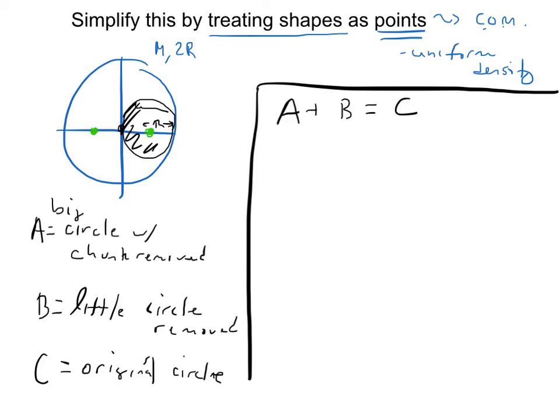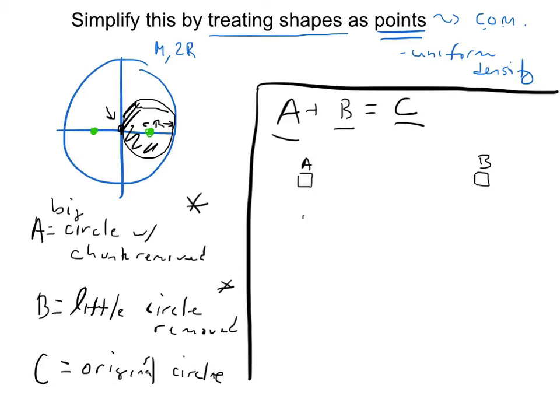Similarly, if I added the centers of mass of A and B, I should get back the center of mass of C. So we can treat these two shapes, A and B, as points. So we've got one point here, and we'll call that A, and another point here, and we'll call that point B. And we're going to add them together to find their combined center of mass. And their combined center of mass is going to be the center of mass of the original circle.